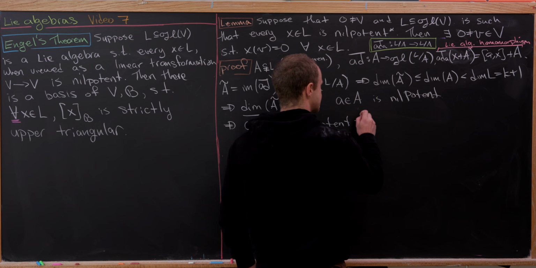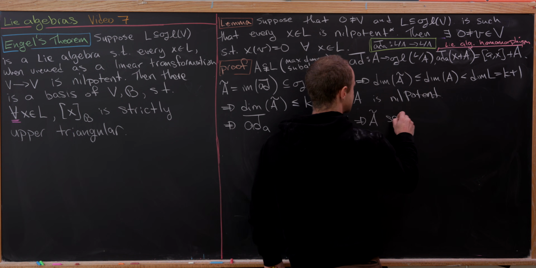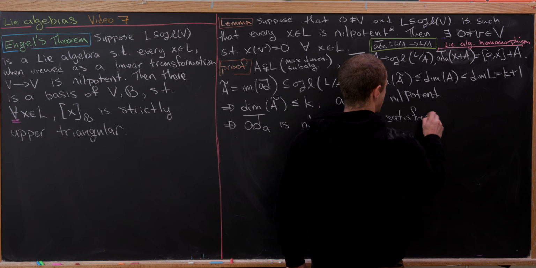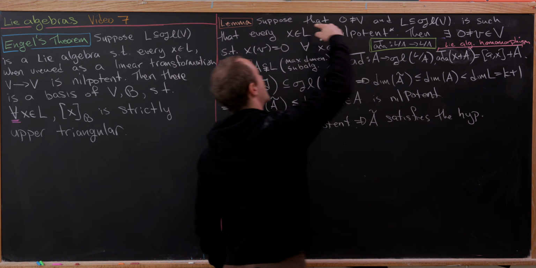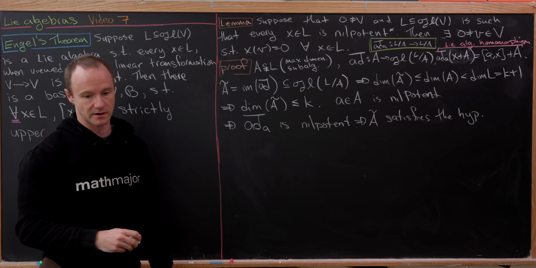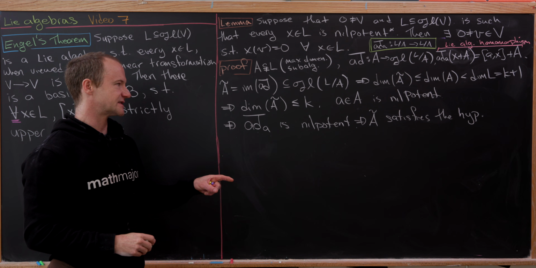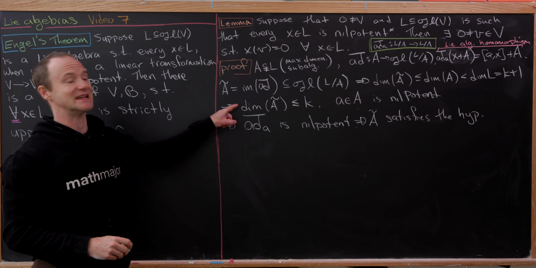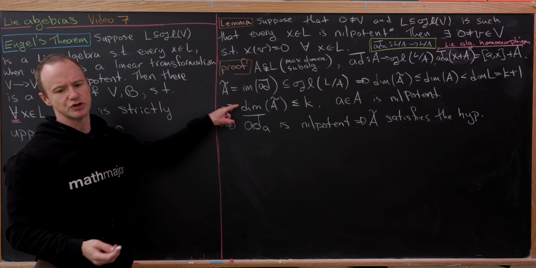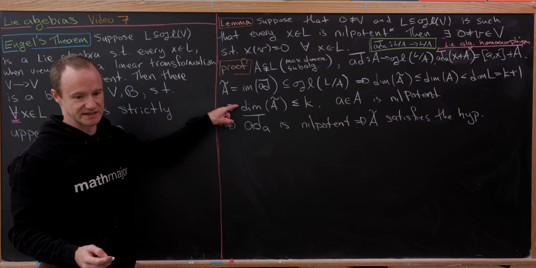So in other words, A tilde satisfies what I'll just call the hypotheses of our lemma up here. Not only does it satisfy the hypotheses, but it also satisfies the hypotheses of the induction hypothesis, due to its dimension being less than or equal to k.